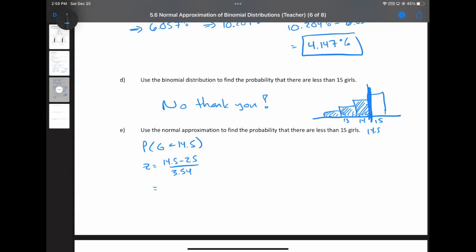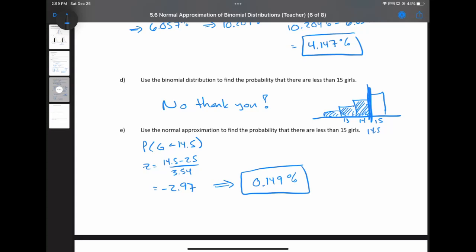Punch that into my calculator, and I get negative 2.966, but again, this is a z-score, so negative 2.97. When I look that up on my z-score table, negative 2.97 is very close to the beginning, and only represents 0.149% of data.